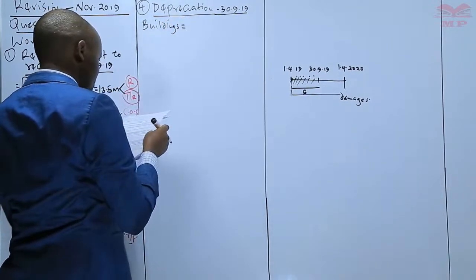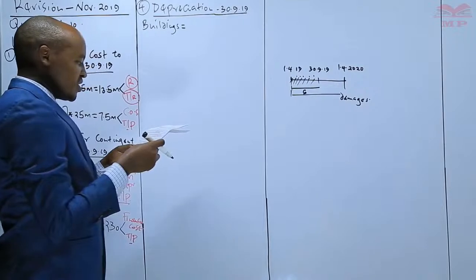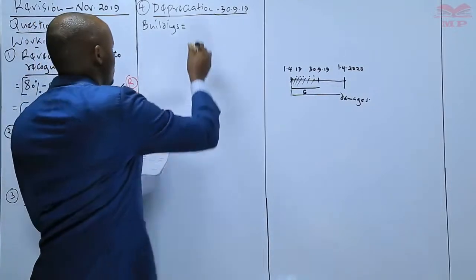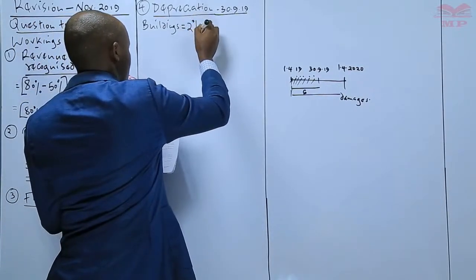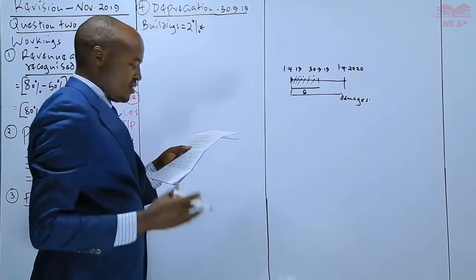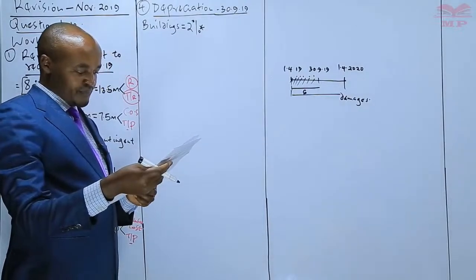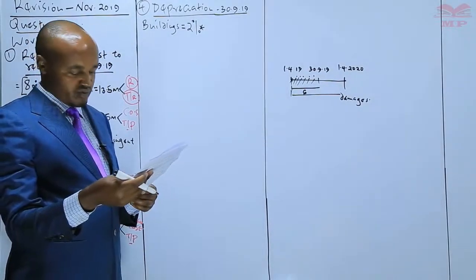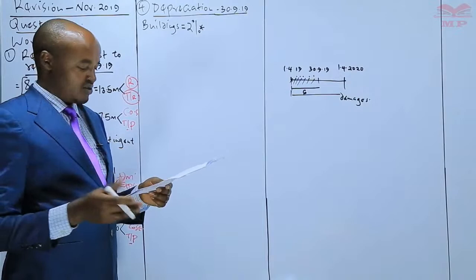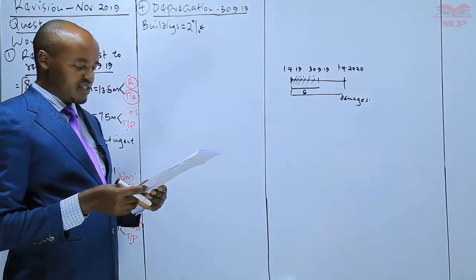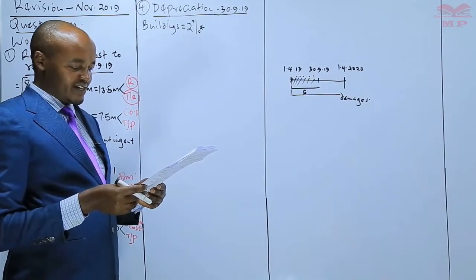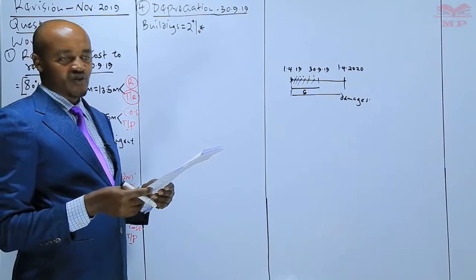We are told that depreciation will be computed on a straight line basis at the rate of 2%. So we take 2% of the cost, because depreciation is on straight line. Now, if we go back to the trial balance, we go to where we have property, because we know property includes land and building. We have the value of land there being 60 million, so the difference represents the cost of our building.